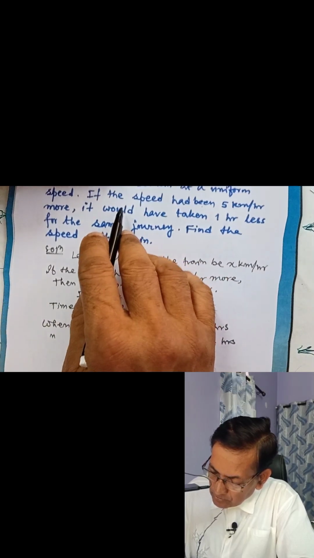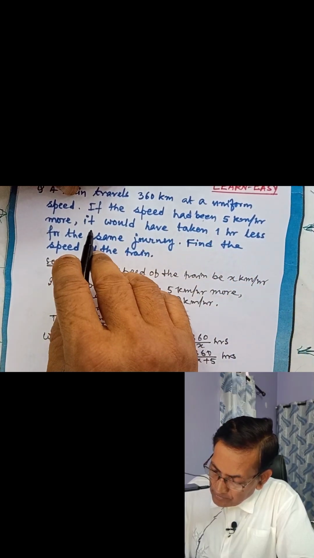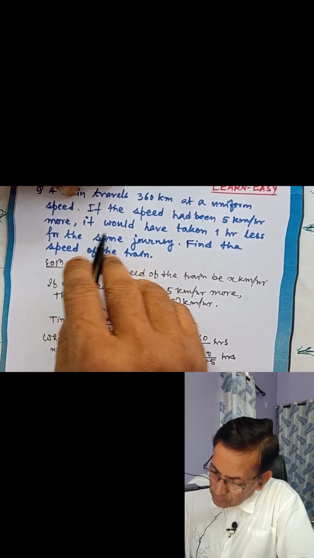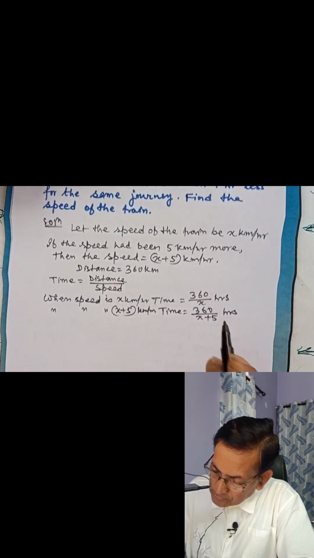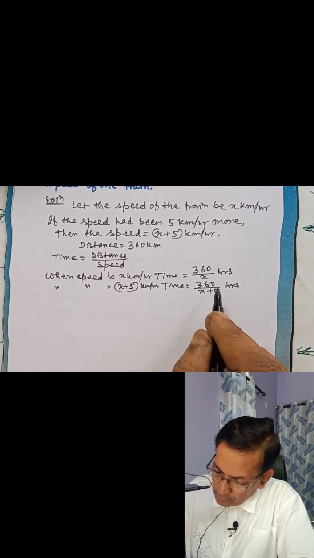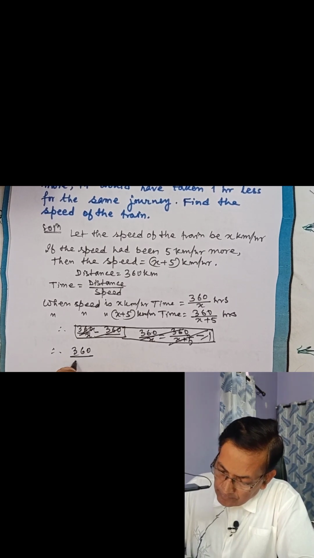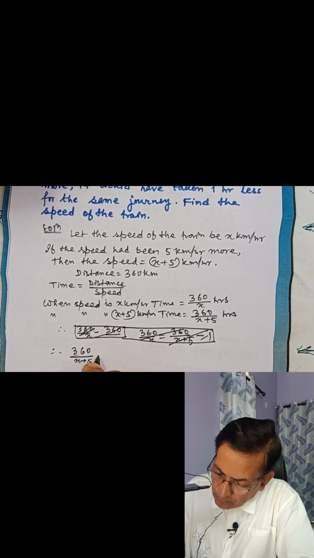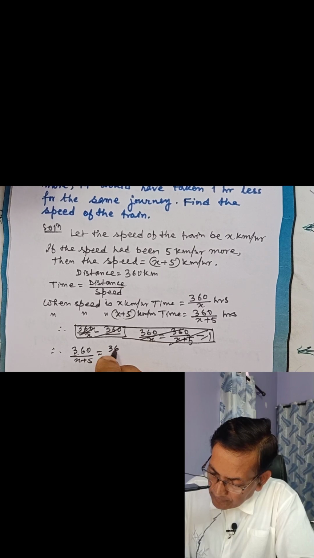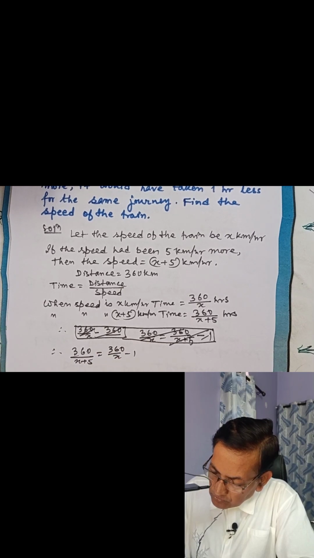Now, if the speed had been 5 km per hour more, it would have taken 1 hour less. 360 divided by x plus 5 is equal to 360 divided by x minus 1.